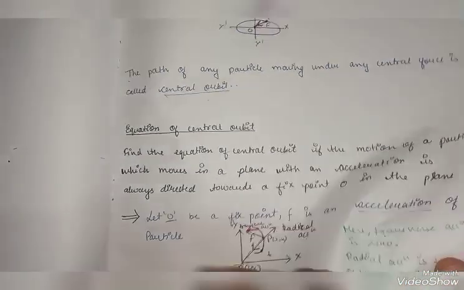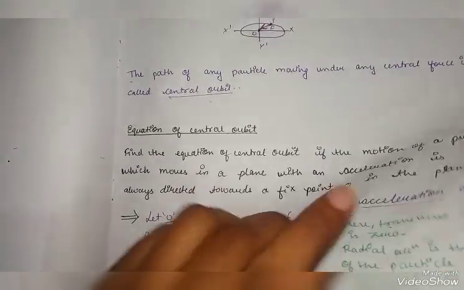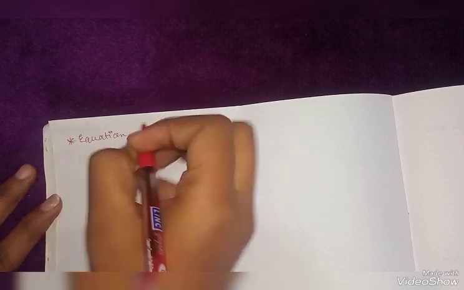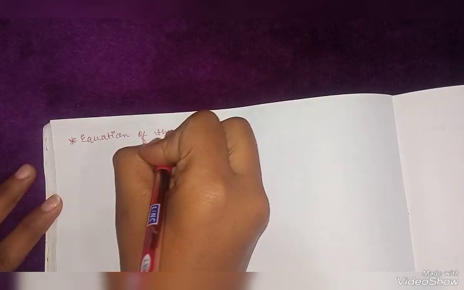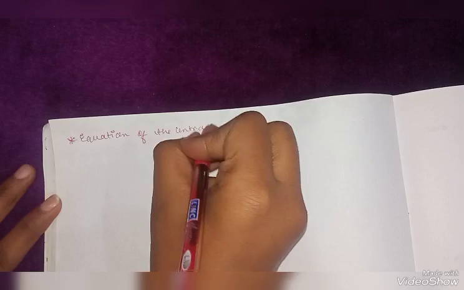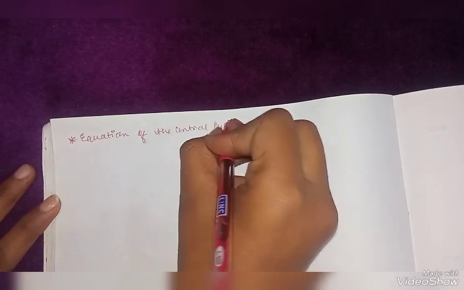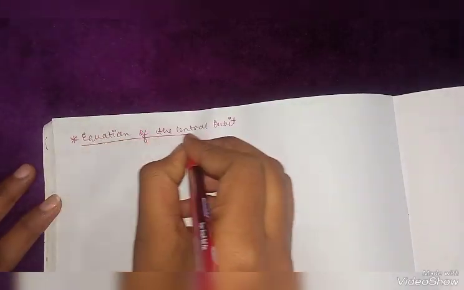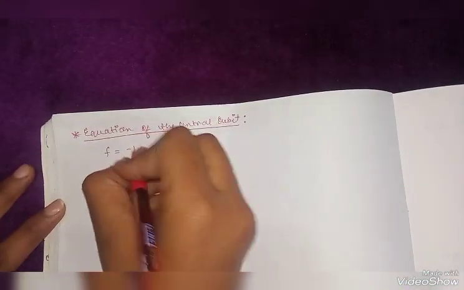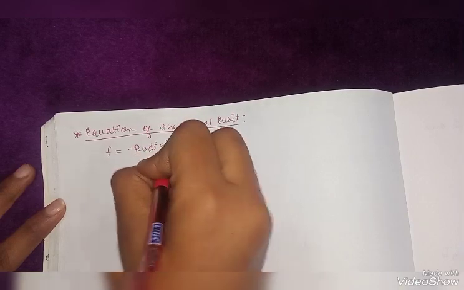Now we'll derive the equation of the central orbit. F is equal to minus radial acceleration.